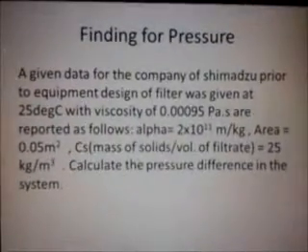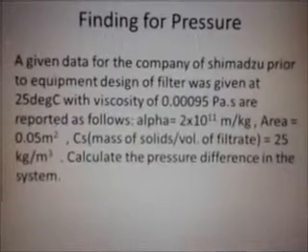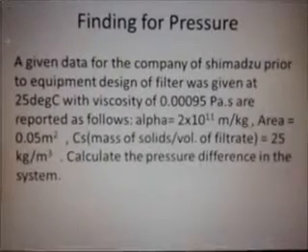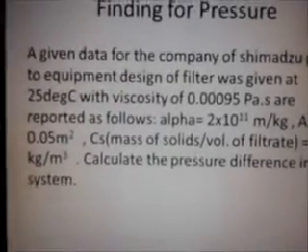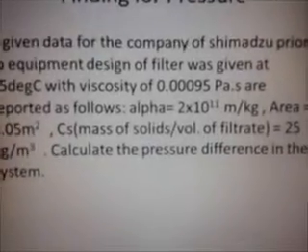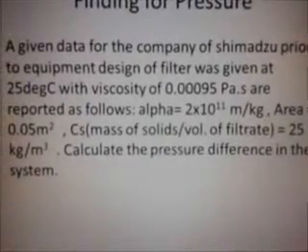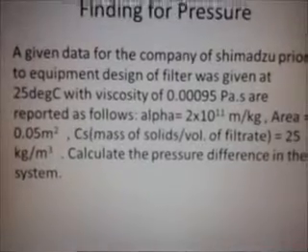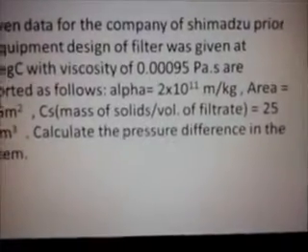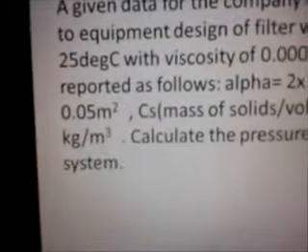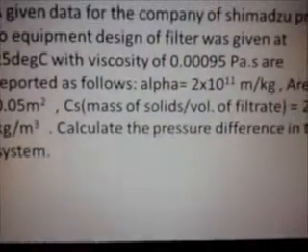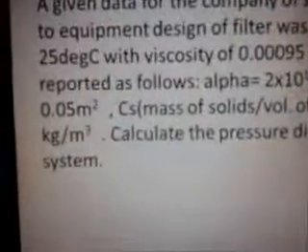So next one is finding the pressure. So given the data for the company of Shimadzu prior to the equipment design of the filter was given at 25 degrees Celsius with a viscosity of 0.0095 pascal second, reported as follows. So you are given alpha 2 times 10 raised to the 11 meter per kilogram, area which is 0.05 meters squared, the CS, or the mass of solids divided by the volume of filtrate, is equal to 25 kilogram per meter cube.